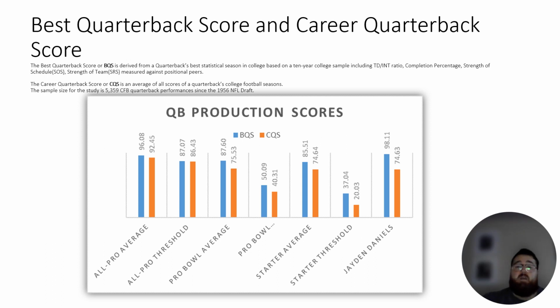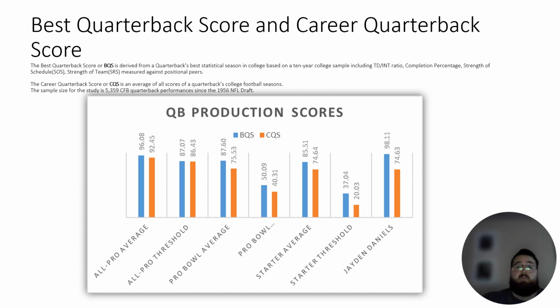So the reason why the 10-year sample exists is so that you can look at the correlations in different eras to see if these metrics matter, and they do matter, because based on this data set, which includes 5,359 quarterback performances since the 1956 NFL draft class, the average All-Pro score for the best quarterback score of a prospect coming out in the draft is 96.06 out of 100, which is a phenomenal score.